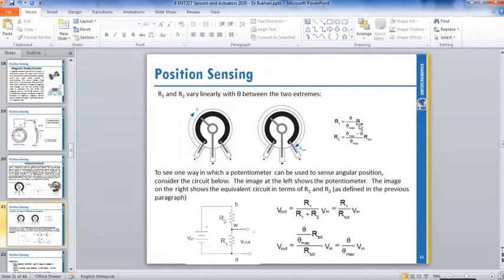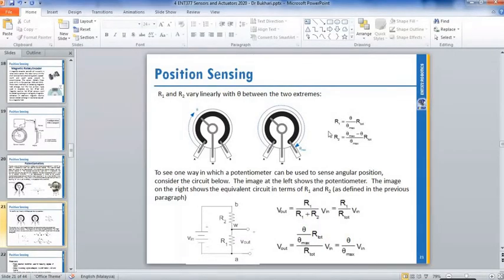And then R total, what is the R total? For example, maybe this resistor is 1 kilo ohm. So you put 1000 here. So 90 divided by 180 is 1 over 2, is half. And then multiply by 1000, so you get R1 is 500 ohm. R2, how you find R2?